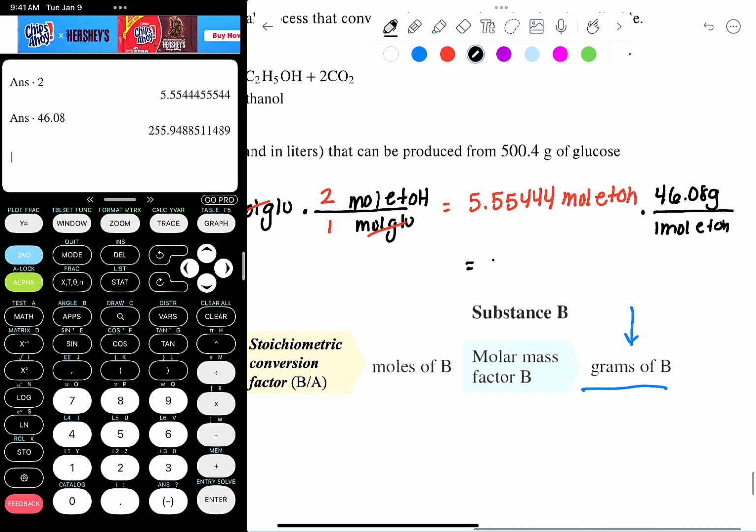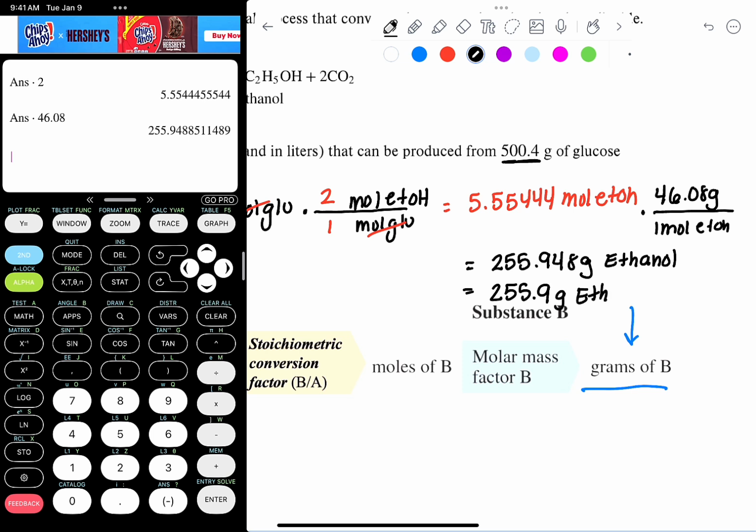And we get 255.948 grams of ethanol. With sig figs, we have 4, so we have 255.9 grams of ethanol. And that's our first answer.